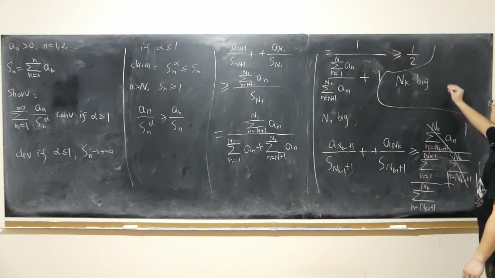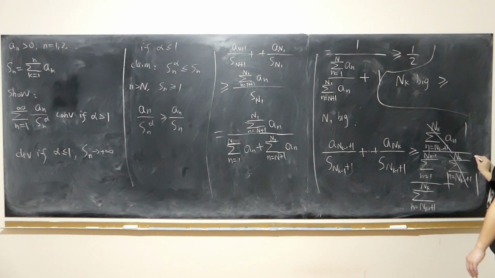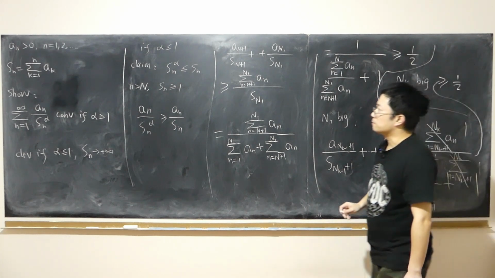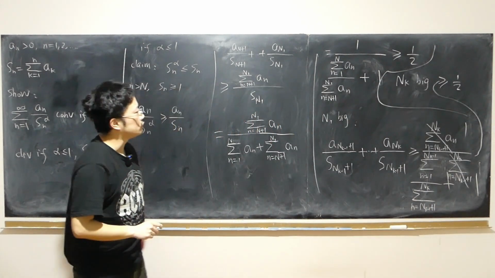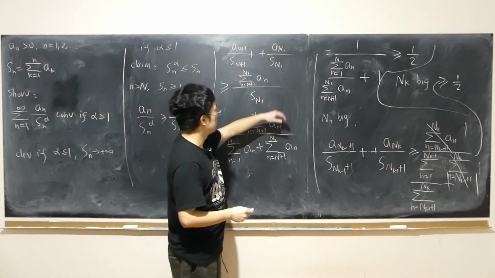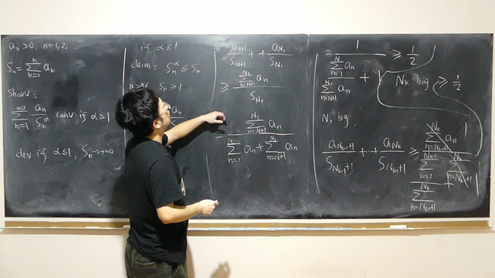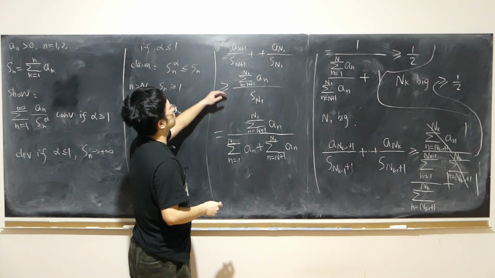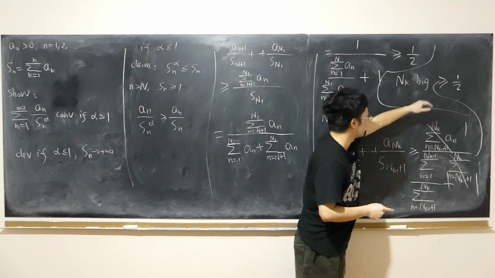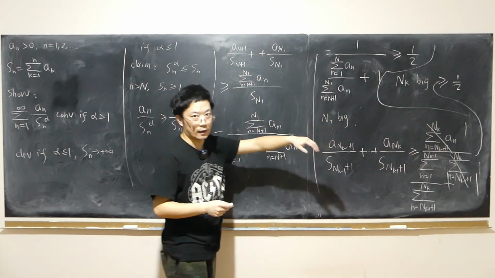So this is bigger than or equal to 1 over 2. So again, we've done it repetitively, k times. Each time bigger than or equal to half, bigger than or equal to half, bigger than or equal to half. How many times? k times, right?